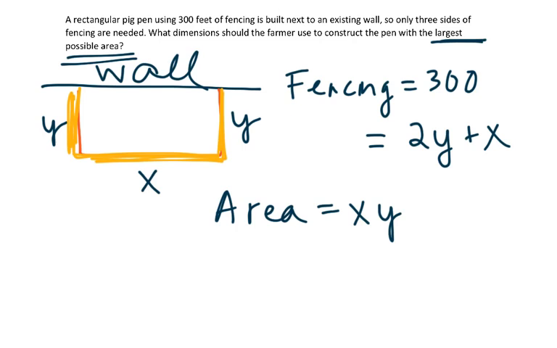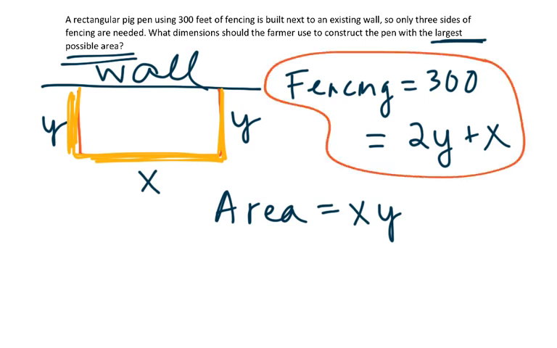Go back to the boot camp notes. Remember, when we're doing variable modeling, you don't want to have 2 different variables going on at the same time. It makes it a little bit harder, so you want to rewrite everything in terms of one variable. Remember, 2y plus x is equal to 300, that's my fencing. Before I differentiate the area formula, I'm going to make sure the area is represented with one variable.